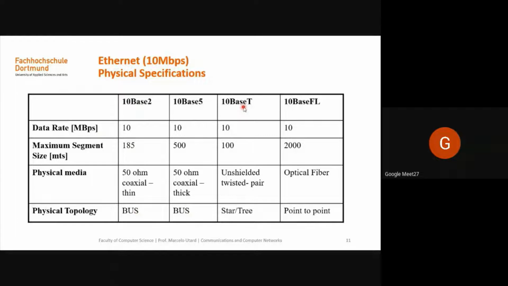In the case of the use of 10BASE-T and 10BASE-FL, that is with UTP cables or optical fiber cables, we have a physical topology called star tree, and the hub or the switch emulates a bus from the point of view of a logical topology.